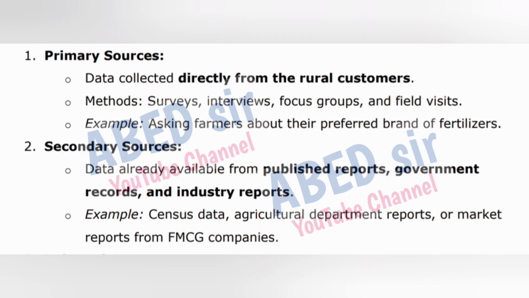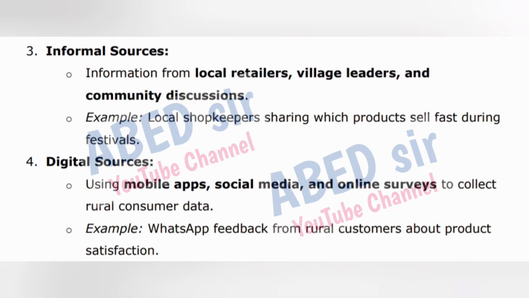Example: census data, agricultural department reports, or market reports from FMCG companies. 3. Informal sources. Information from local retailers, village leaders, and community discussions. Example: local shopkeepers sharing which products sell fast during festivals.